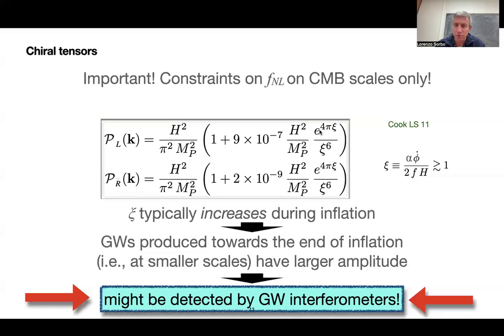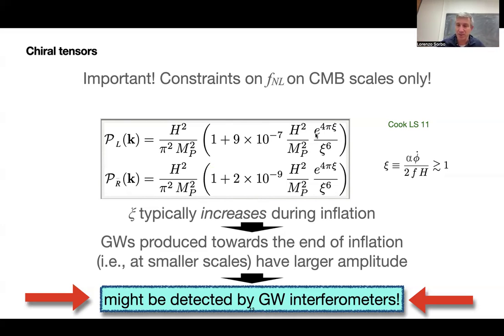They go as e^(4πψ), where this parameter ψ, as I said, is proportional to φ dot and inversely proportional to H, which means that as inflation progresses, H always decreases, φ dot typically increases, so ψ increases. As a consequence, the gravitational waves produced at the end of inflation can be exponentially larger than the gravitational waves that were produced by this mechanism when CMB scales left the horizon.